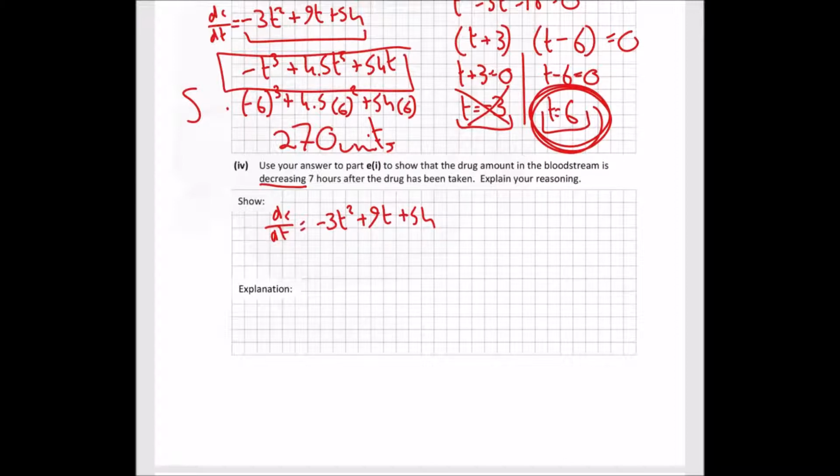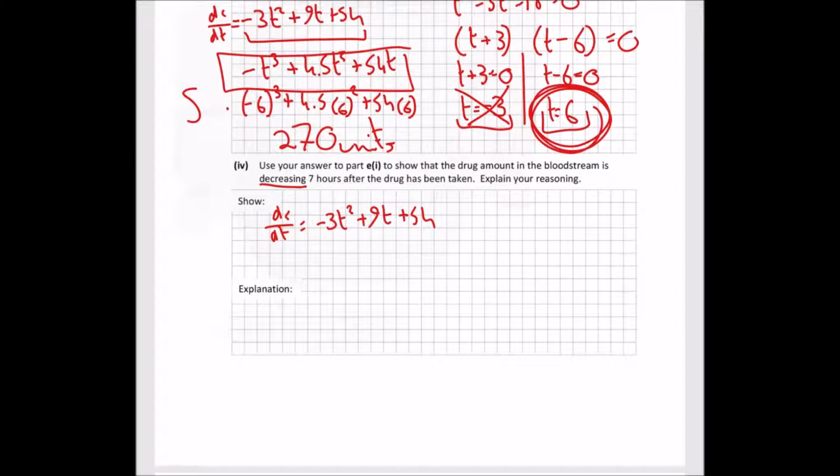Now, if I put in, let's say, a 7 for t, and if it spits me out a positive value, that means the rate of change is positive, which means the amount of drug in my system is going up at that time. However, if I put in 7 hours and there's a minus value, that means at 7 hours the amount of drug in my system is going down. Because I'm looking at positive rate of change versus negative rate of change.